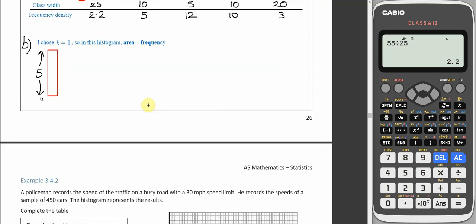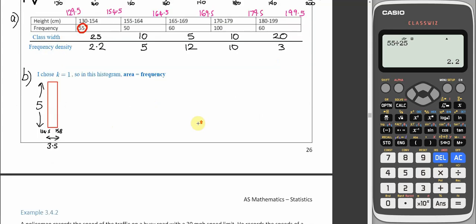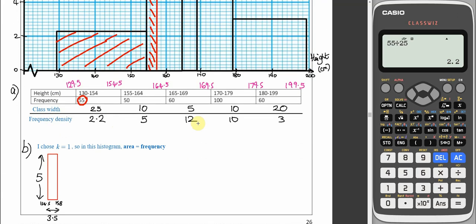It goes up to 158. So the class width is what you get when you subtract those two numbers, which is 3.5. So now we can find the area of that part, add it onto 55, and then we have our answer.